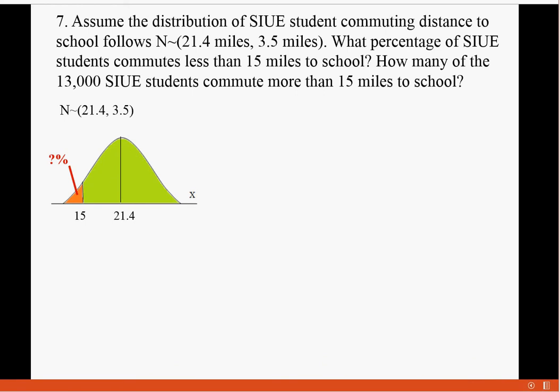To find the corresponding percentage, we first need to find the z-score that corresponds to 15 miles. So again, we need to convert 15 miles into a z-score using this formula. Again, you use the correct order so that you come up with the negative z-score. Now, z-score negative 1.83.